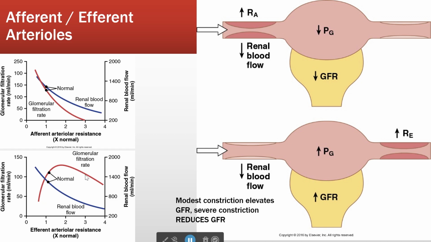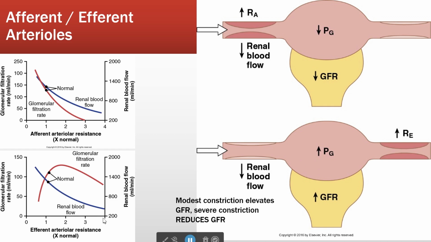So we see that as this curved line right here, that as efferent arteriolar resistance increases, that's here. First, what we see is an increase in glomerular filtration as the pressure in the glomerulus goes up.